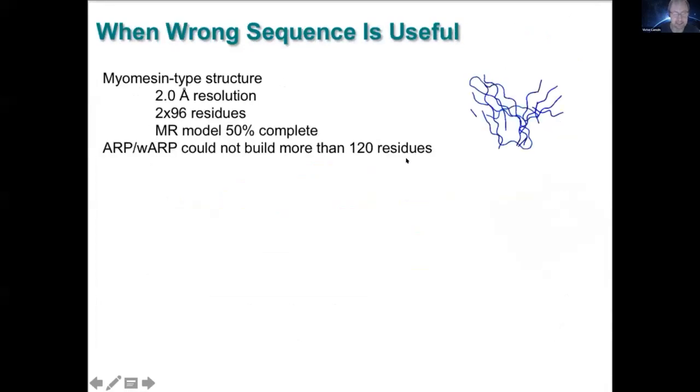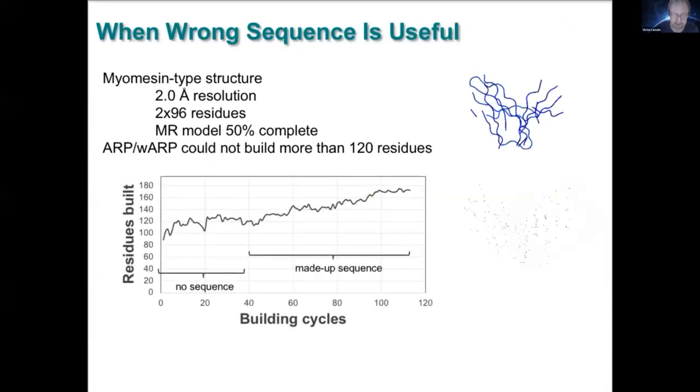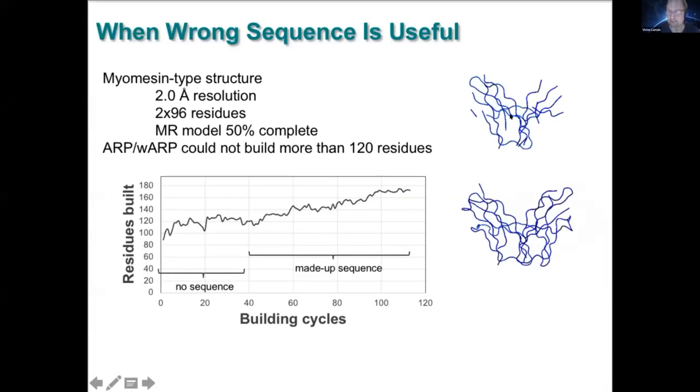There is another example of a case when the wrong sequence was used. This was again the case when the molecular replacement solution was not accurate. We had difficulties getting more than 2/3 of the structure. I thought the sequence was wrong.